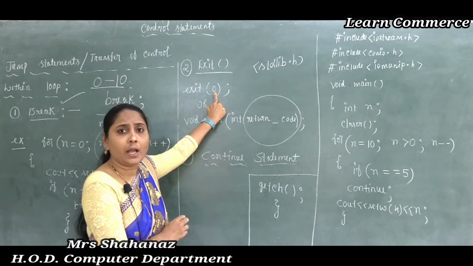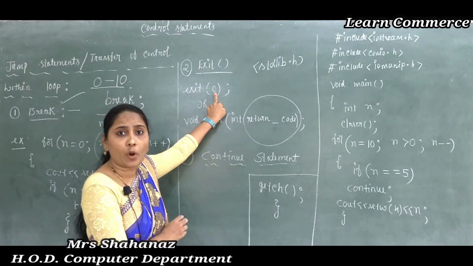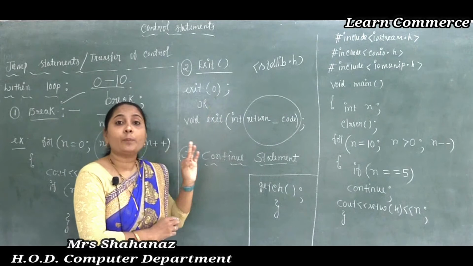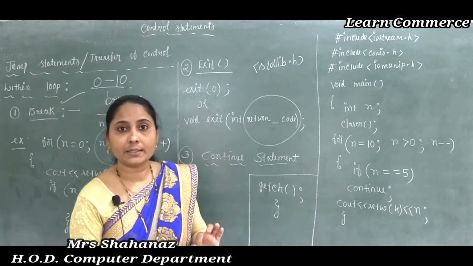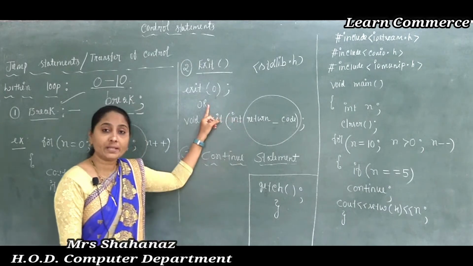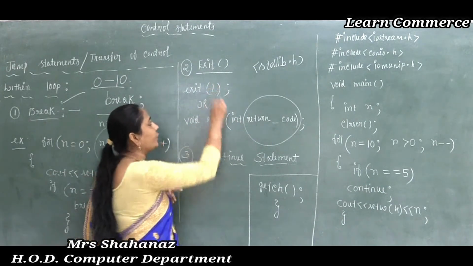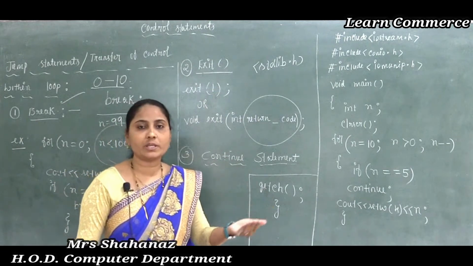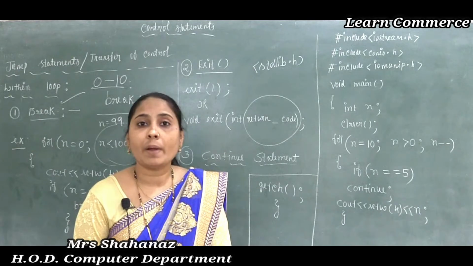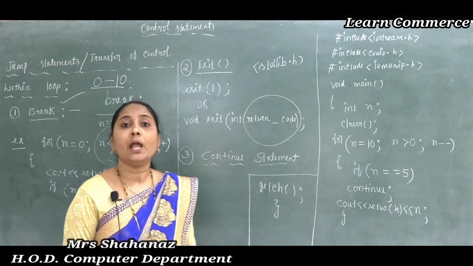If you are using any other value instead of 0, it means the program contains some error, that is, an unexpected result happened in the program.